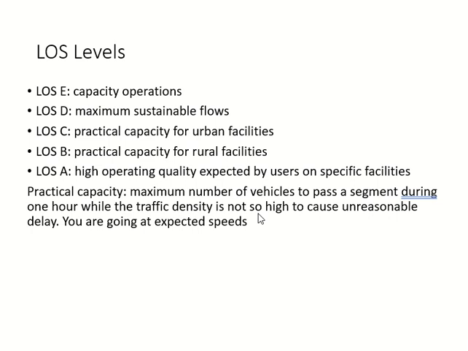C is considered practical capacity for urban facilities. D is maximum sustainable flow, and E is capacity. So A is free flow, E is capacity, and D is just under capacity, so the flow is continuing. That's why I call it sustainable, meaning the flow continues without any stoppages.